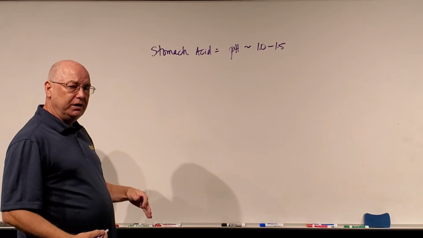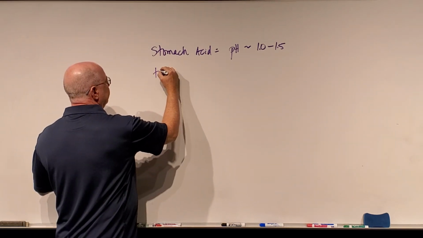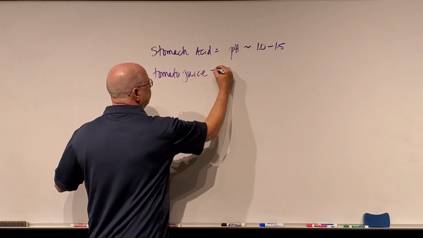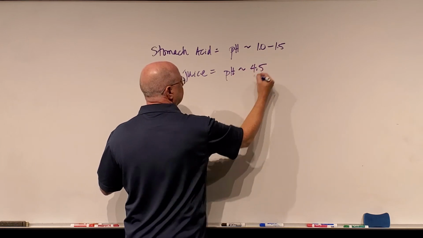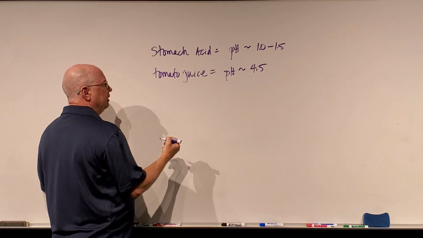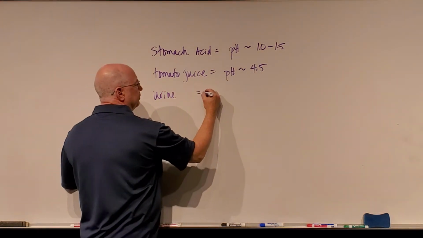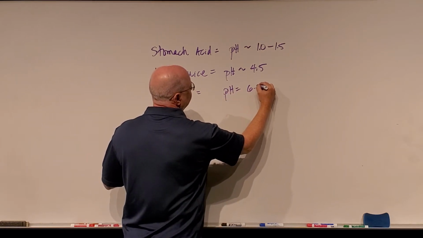It's really low pH number. Let's say I take tomato juice. I think tomato juice has a pH somewhere around 4.5 or so. Let's say I take urine. It has a pH of somewhere around 6.5.